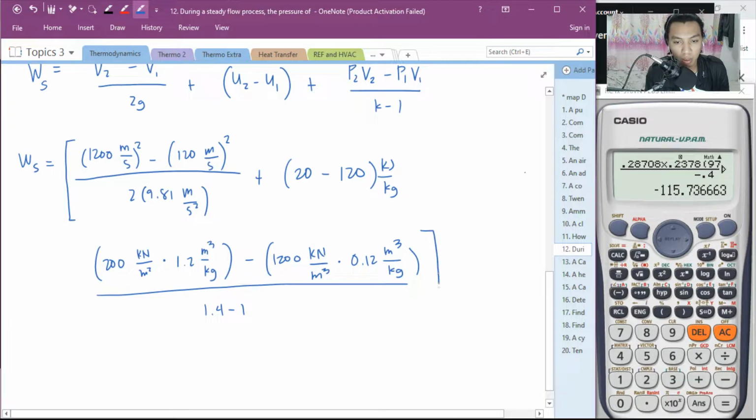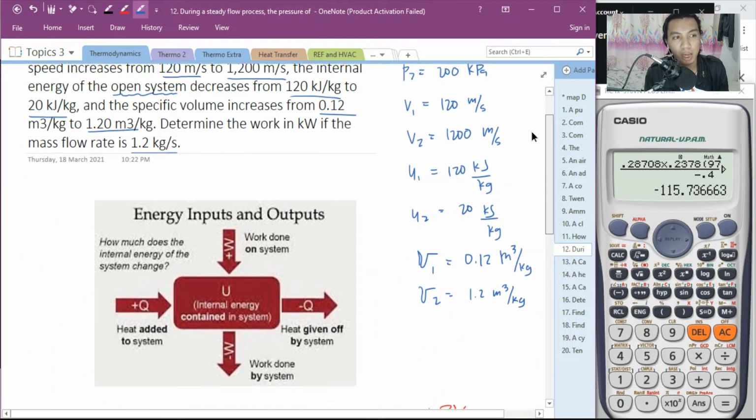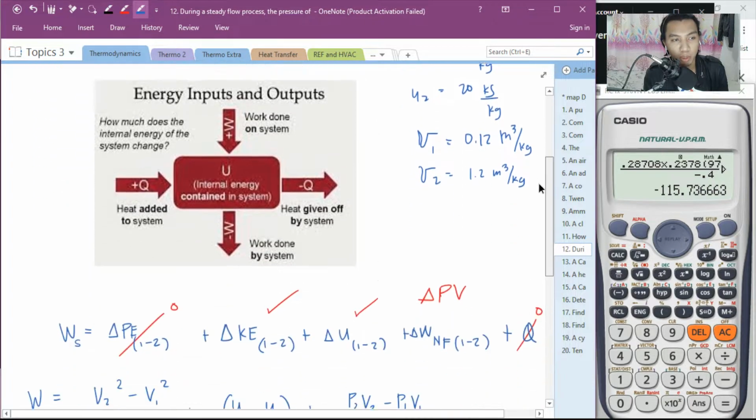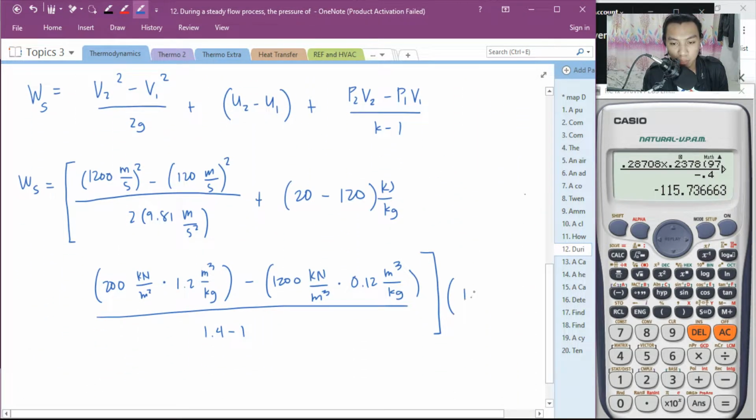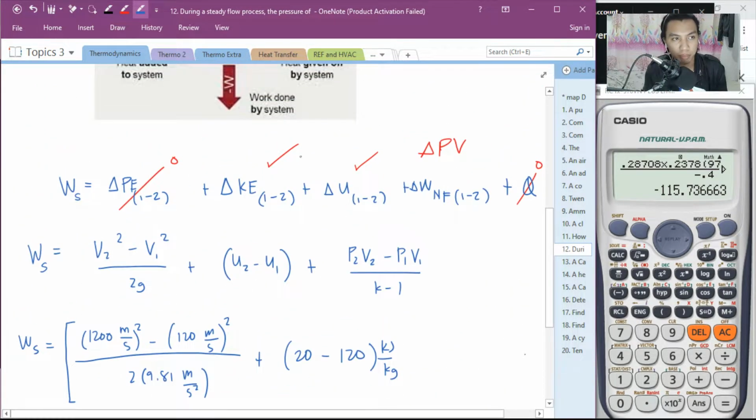And then, close bracket. You multiply it with the mass. What is the mass? 1.2 kilogram per second. Look first, do a unit analysis. What comes out here is that meter per second squared times meter cancel. Meter is what comes out here.